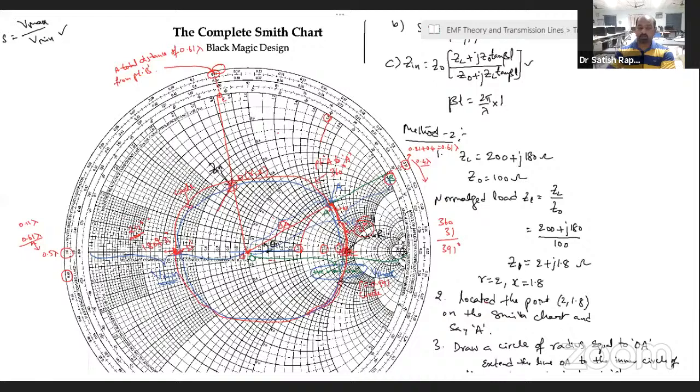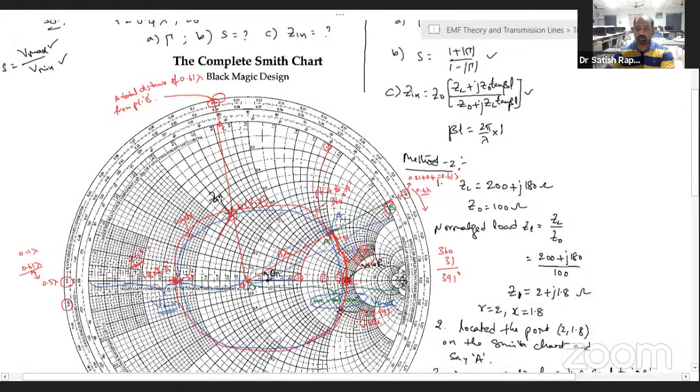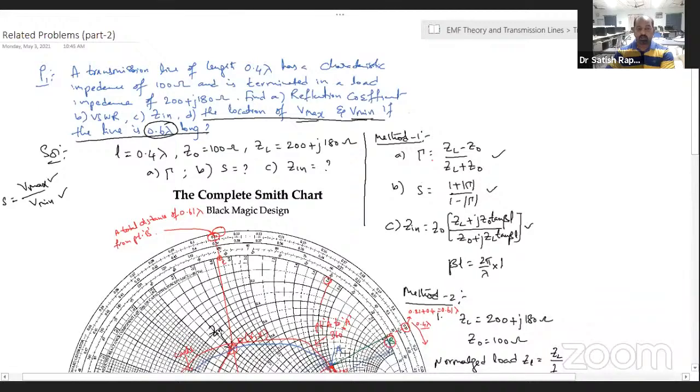In my last class, I discussed Smith chart related problems. One important problem I took and solved using the Smith chart. In this problem, I determined almost all parameters related to transmission lines: reflection coefficient, voltage standing wave ratio, input impedance, and the location of Vmax and Vmin of a transmission line.